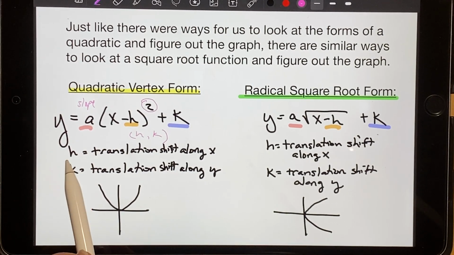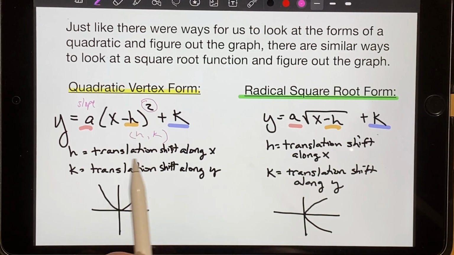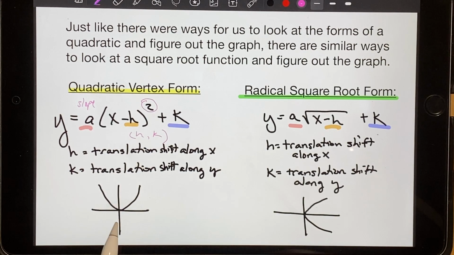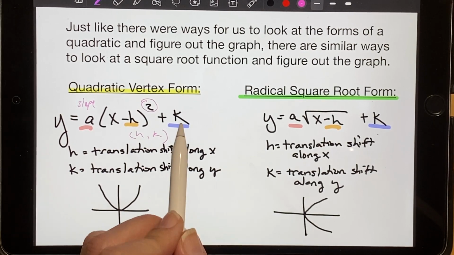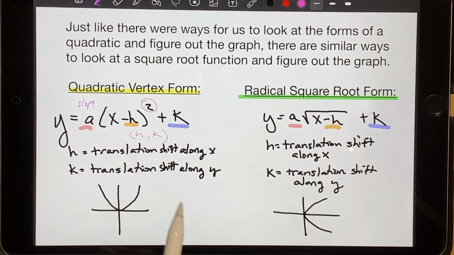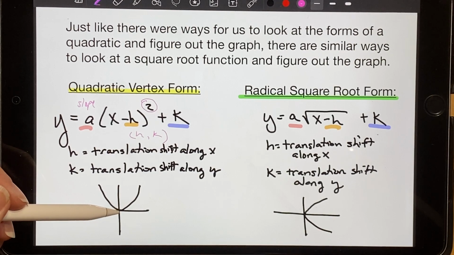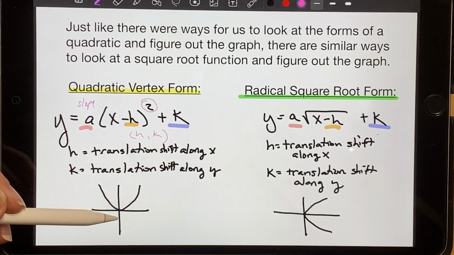So as I wrote, H was always our translation shift along the x-axis. It's how much our graph moved from the origin along the x-axis. And K, because it's that new part of the vertex, is our shift along our y-axis. So how much our vertex changes along our y-axis.